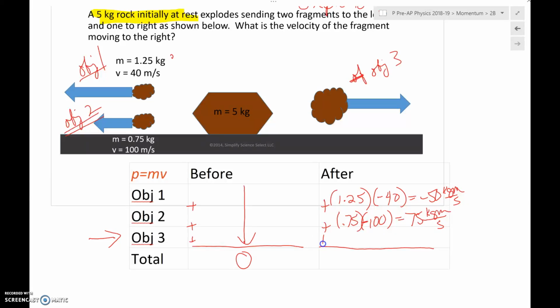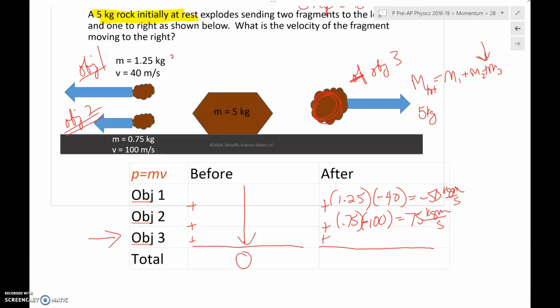And now we've got object 3, and its mass is not on the board. In this case, they gave us nothing for the mass, so we're going to have to think our way through it. We know in the beginning there was a total mass of 5 kilograms. Afterwards, there were 3 masses: mass 1, mass 2, and a mass 3, and that third mass is what we're looking for.